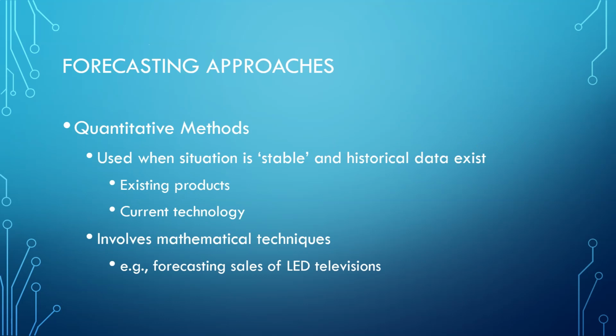The quantitative methods are used when situations are stable and historical data exists, such as using quantitative methods for existing products or current technology. This approach involves mathematical techniques and statistical analysis, including uncertainty and risk, such as forecasting sales of organic or quantum LED TVs.